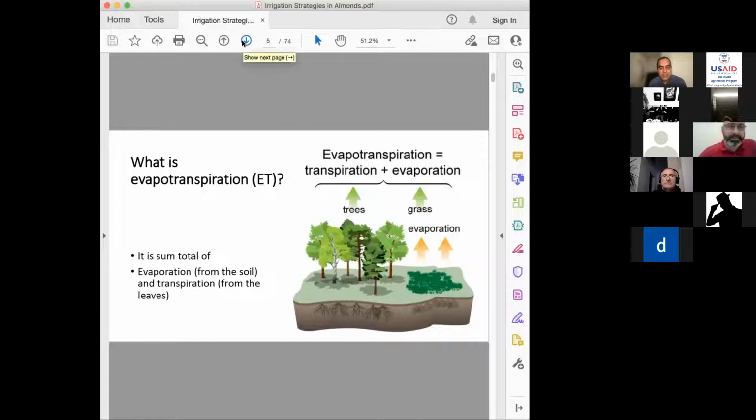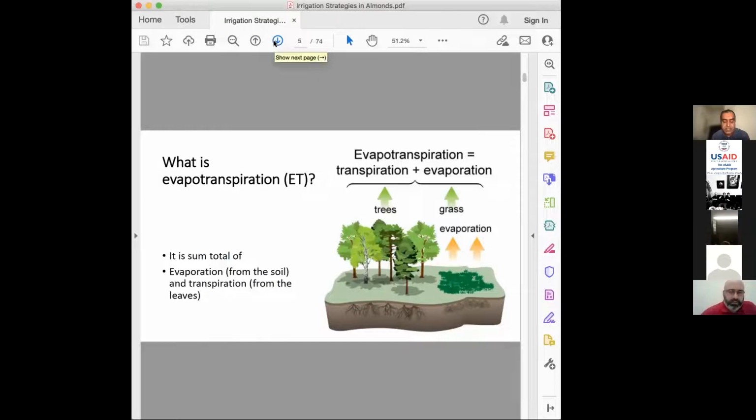Evapotranspiration is the sum total of transpiration plus evaporation. These are two different processes. Evaporation is a physical process, basically water evaporating from any surface or any body of water through simple radiation, the heat of the sun. Transpiration is a physiological process that happens from the leaves of the trees.